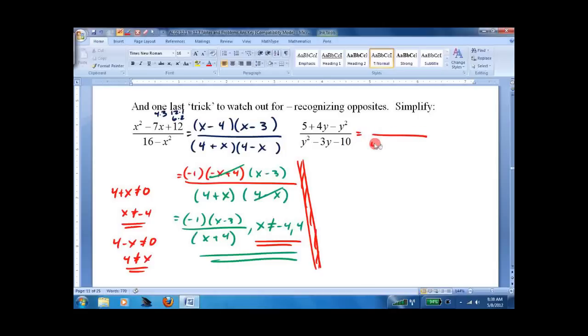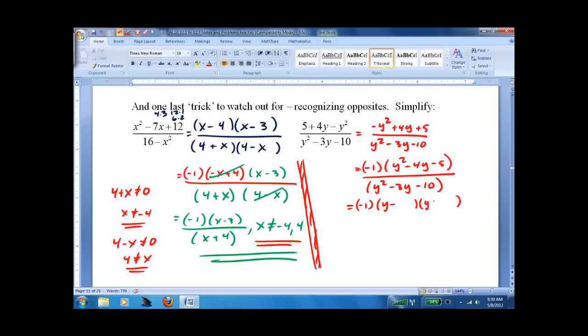First things first, I'm going to rewrite the top. I don't like it at all. -y squared plus 4y plus 5. And I never factor anything with a negative in the first term, so I pull a -1 out and change all the rest of them. Now I can go factoring.